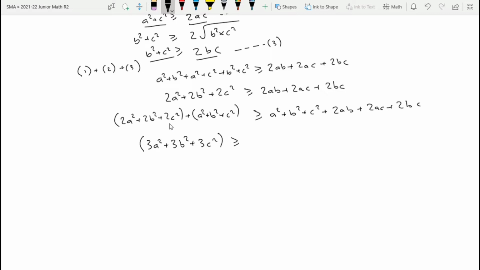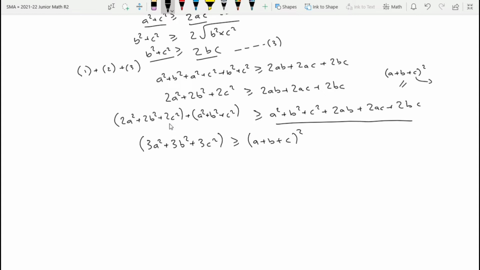The thing about this right hand side is that it is the expansion of a plus b plus c squared. If you're not convinced, you can just expand it manually. So instead, we write the right hand side as a plus b plus c squared.